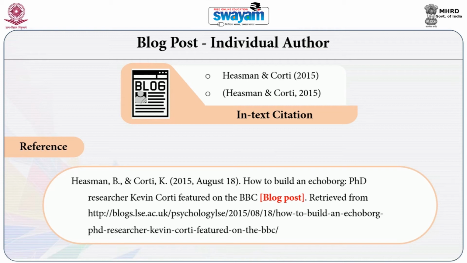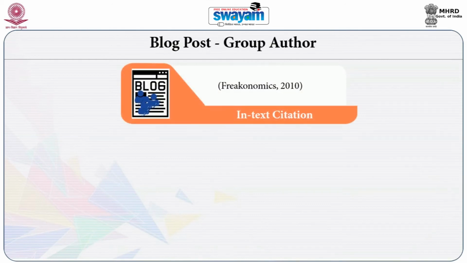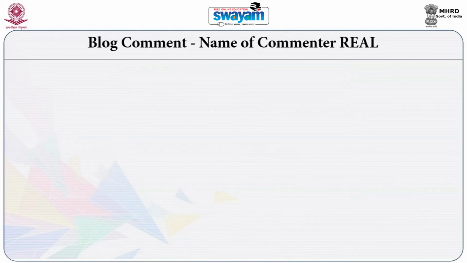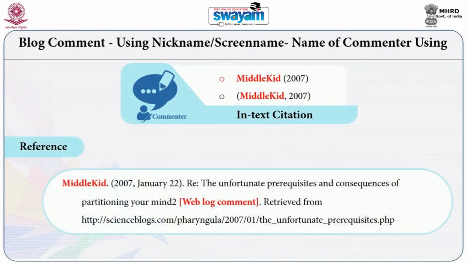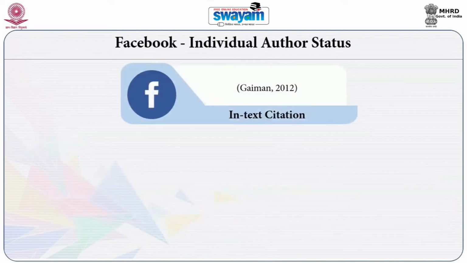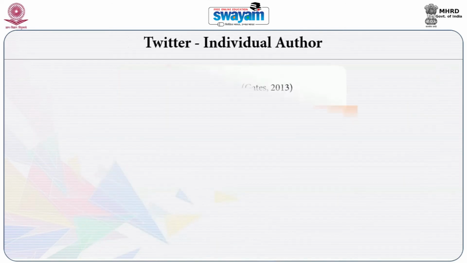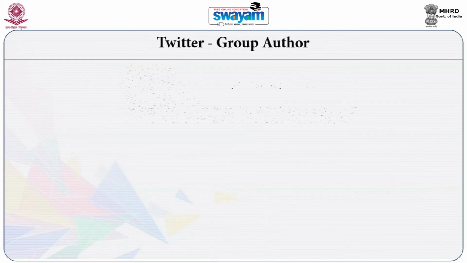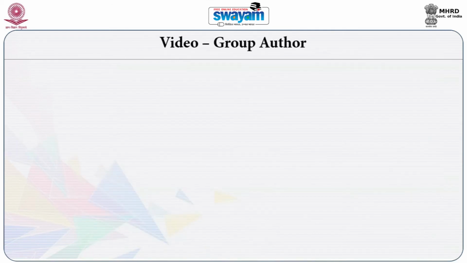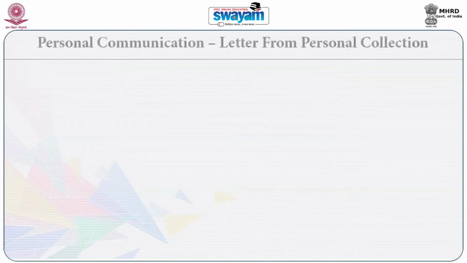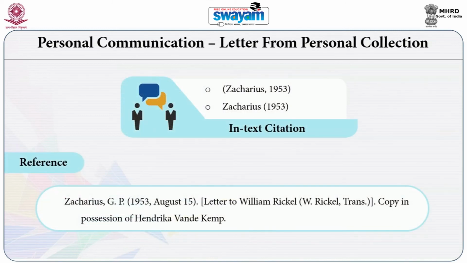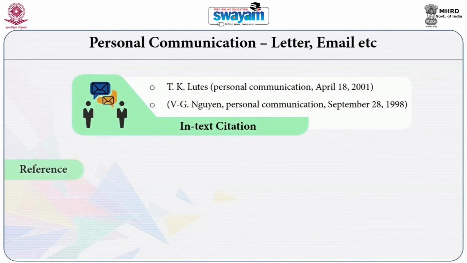Please see the displayed examples on screen for a blog post by an individual author, a blog post with a group author, a blog comment with the real name of the commenter, a blog commenter using a nickname or screen name, Facebook with an individual author status, Facebook with a group author status, a tweet by an individual author on Twitter, a tweet by a group author on Twitter, a video with a group author, Wikipedia, personal communication, a letter from a personal collection, personal communication, letter, email, etc.